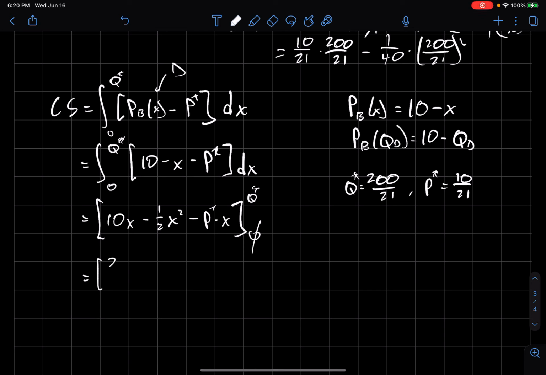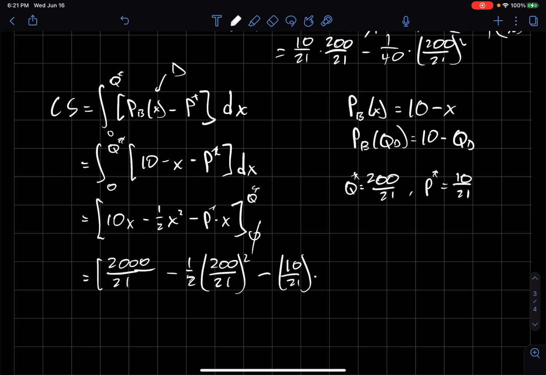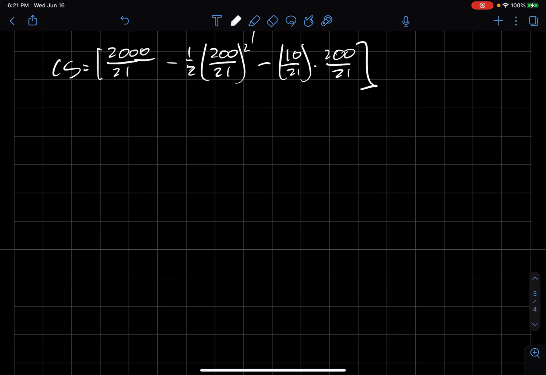So this just gives us 200 over 21 multiplied by 10, we get 2,000 over 21, minus 1/2 times 200 over 21 squared, minus 10 over 21 times 200 over 21. And that's our consumer surplus. For the sake of time, I'm going to leave this unsimplified.